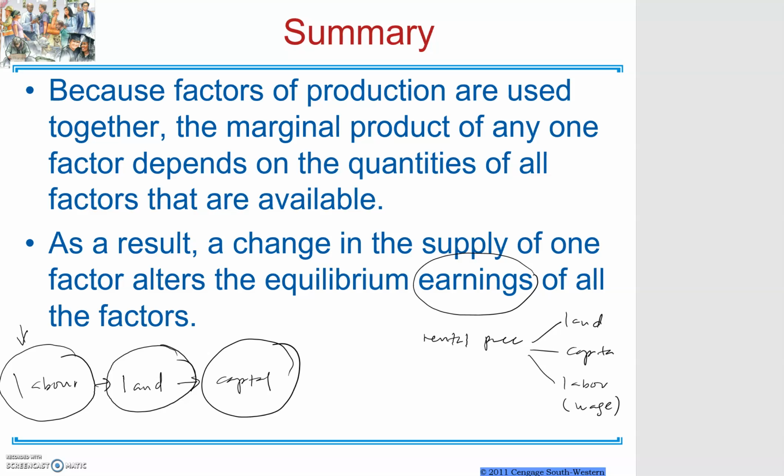Also, marginal product refers to productivity, so it doesn't matter whether it refers to labor, capital or land. As long as you look at the marginal product, it's easy if you can relate it with productivity.